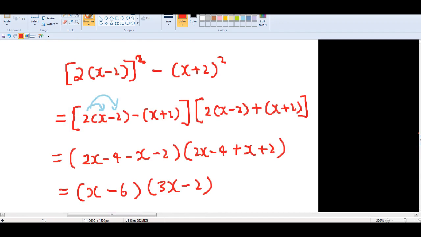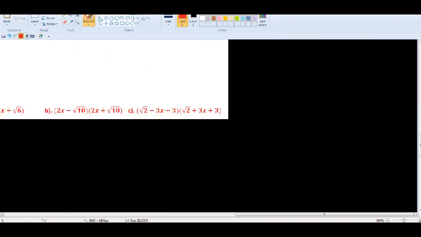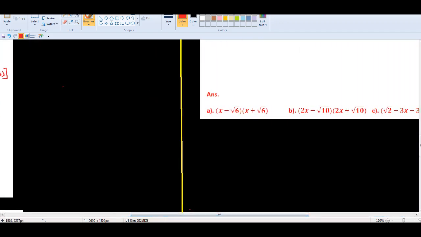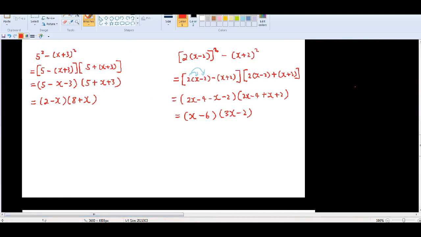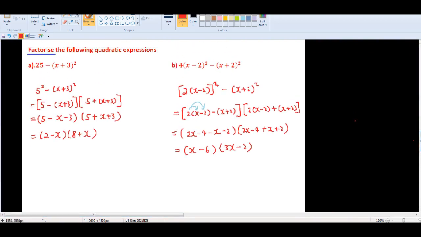So let's have an overview for the 2 questions we've just done. Even if they have brackets, just use the same method, but you consider the bracket thing as one single square. Treat them as single squares. Then you can solve it.